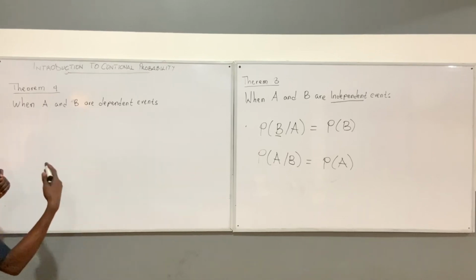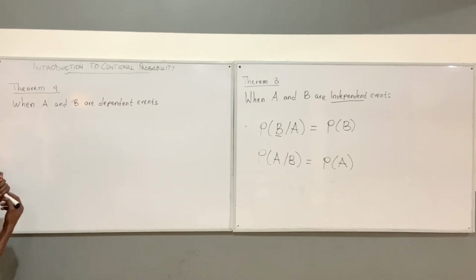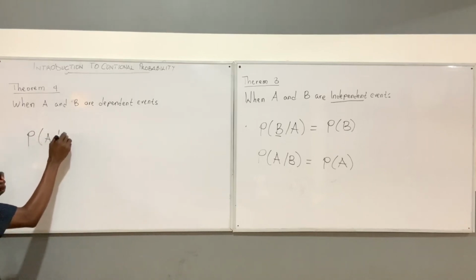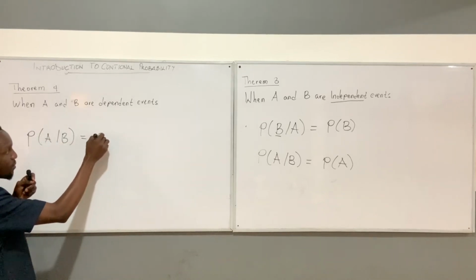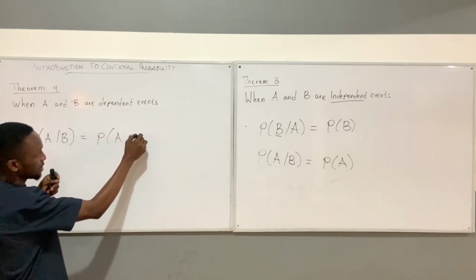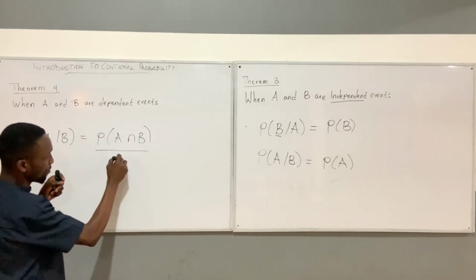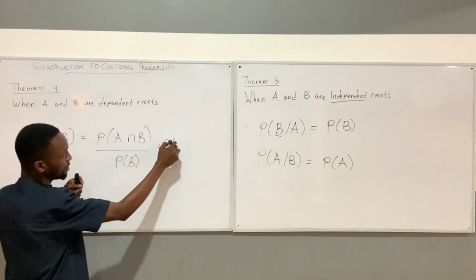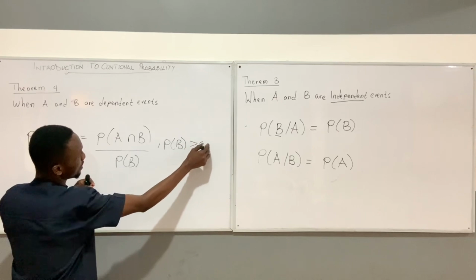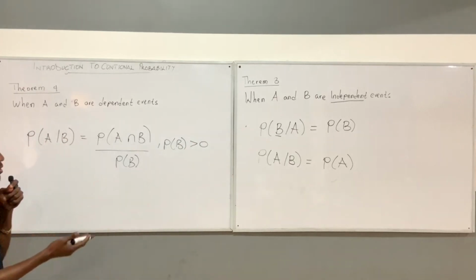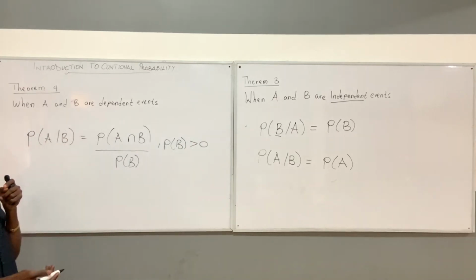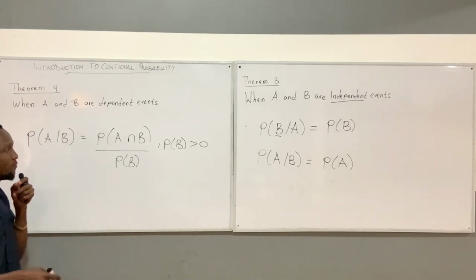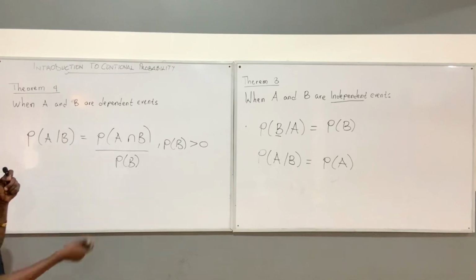So this is just the first point that we spoke about, that the conditional probability of A given B is always equal to the probability of A intersection B, all out of the probability of B, where the probability of B should always be greater than 0. So this is a dependent event, because one will surely depend on the other for it to occur. So that will be all for theorem 4.